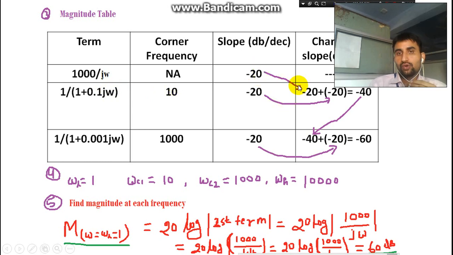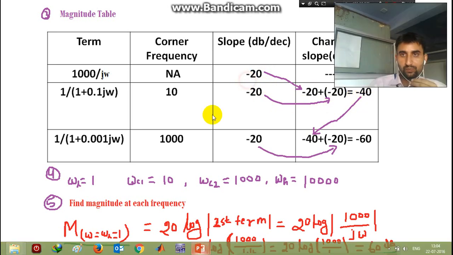Initially the slope was minus 20, and again it contributed minus 20 dB slope, so the total slope becomes minus 40. Many people are confused because minus 20 and minus 20, they think it becomes zero slope. Don't be confused. Previously it had minus 20 dB slope, and again it contributed minus 20 dB, so the total slope becomes minus 40 dB per decade.